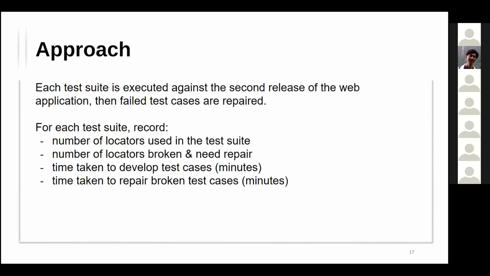And if it's DOM based, then they'll try to find elements containing the user's name or something like that. If it cannot be found, then it's a failure. So for each test suite, they record the number of locators used and the number of locators broken and need to be repaired, and also the time taken to develop the test cases and the time taken to repair the broken test cases.